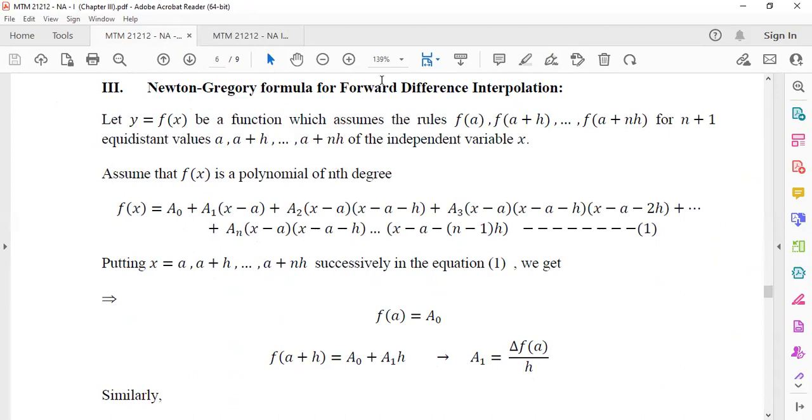One is forward difference interpolation, and the other is backward. So far we have seen Newton's forward and backward differences. Now we are using them for the interpolation method. So the Newton-Gregory formula for forward difference, and similarly we will see the Newton-Gregory formula for backward.